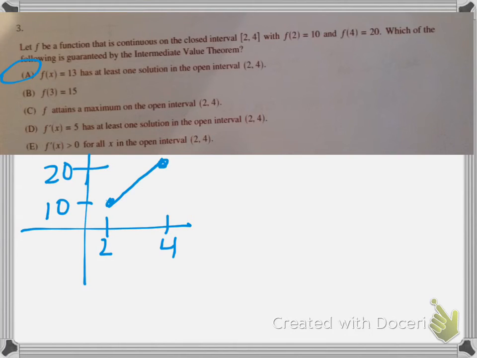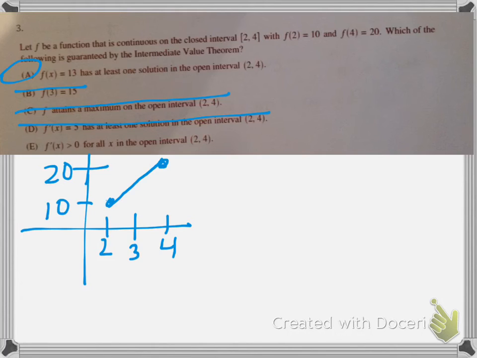And I'll just show you why the others don't work. So it's saying f of 3 is 15. We have absolutely no idea about that. And then it's saying that there's a maximum value on the open interval from 2 to 4, meaning no endpoints, so we have no idea about that. They're saying that f prime has to equal 5. We don't know that. And on the last one, the derivative would have to be greater than 0.